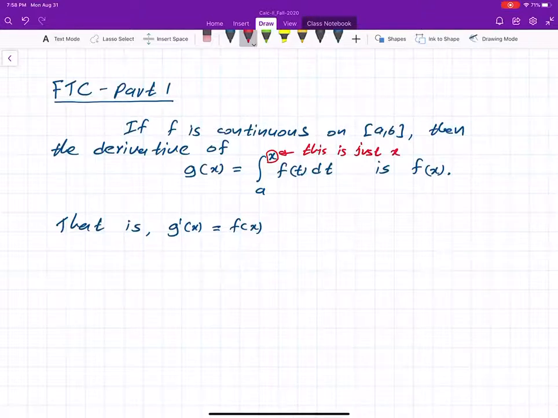You are not allowed to keep x squared here. Keep that in mind. You are not allowed to keep some other functions like e to the power x or the square root of x. No, the only thing that you can keep here is x.